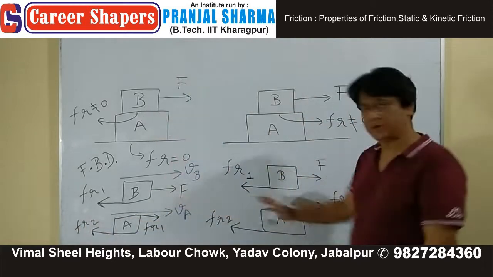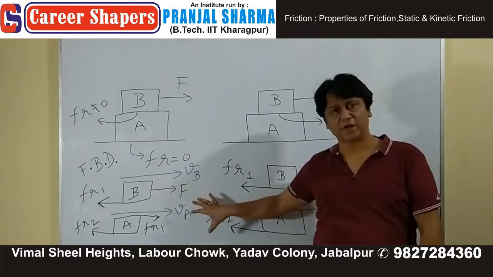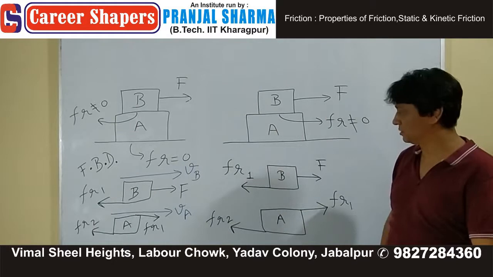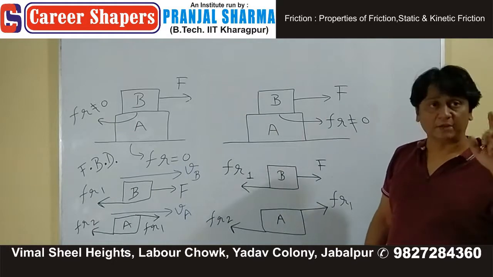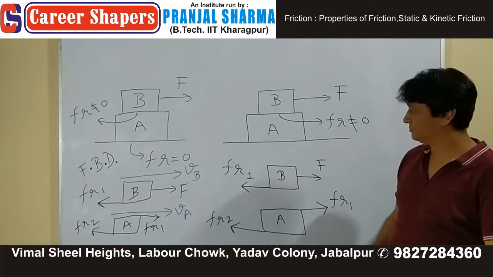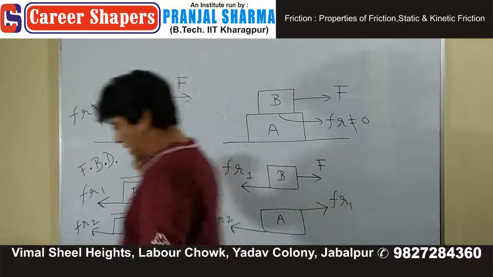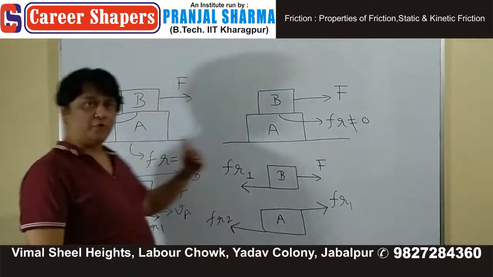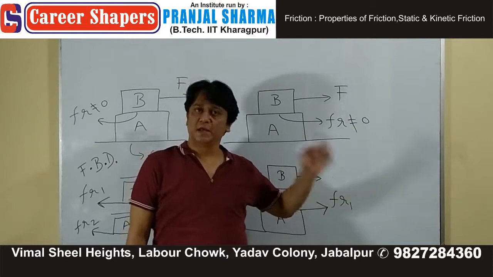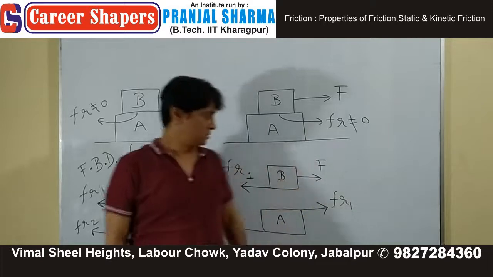Again, there is no change, but I have explained this thing with the help of a different visualization. The only thing which I expect from you, which you should not forget, is that concept of friction in the form of opposing motion of an object is not or should not be used.